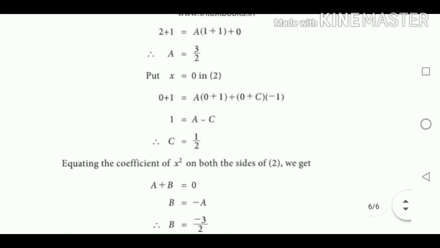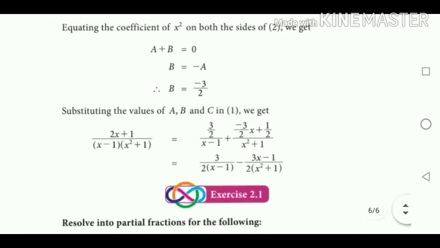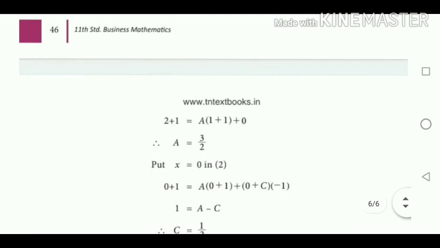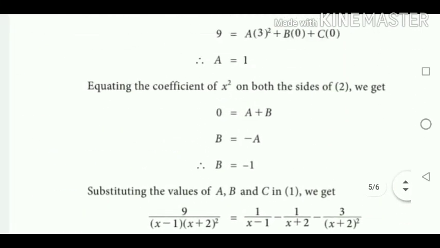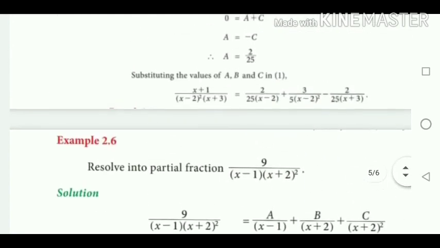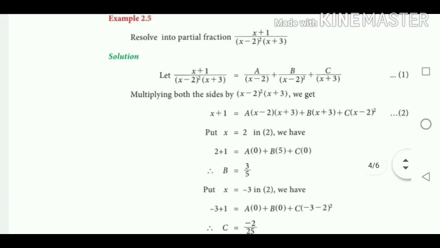Equating the coefficient of x square on both the sides of equation 2, we get A plus B equal to 0 or B equal to minus A, then B equal to minus 3 by 2. Afterwards you have to substitute these values. So this is another method. So nearly 4 methods we see. The first method is relating to the simple factor, that is A by (x minus 1) plus B by (x minus 2).